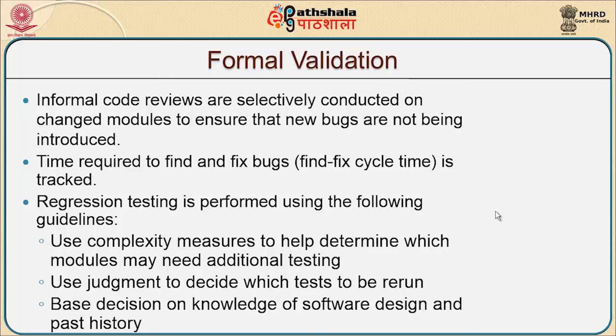So, for any module that requires additional testing, we may have to understand the complexity measure and use judgment to decide which tests are to be rerun. There needs to be a decision based on knowledge of software design, and you may have to look at the past history through which these levels of testing have undergone.